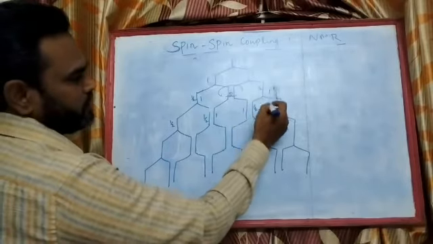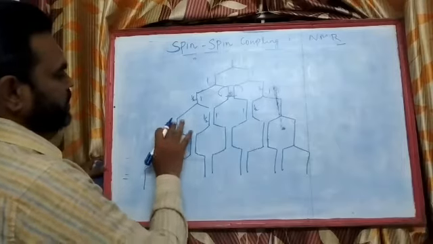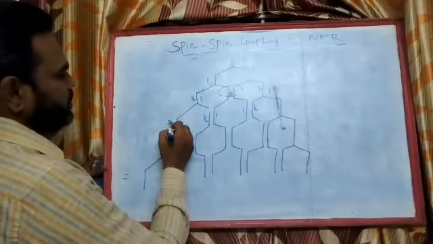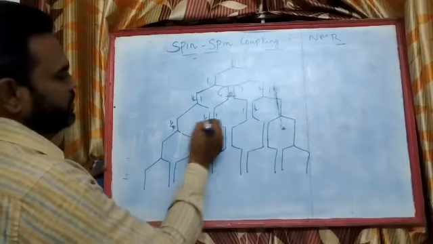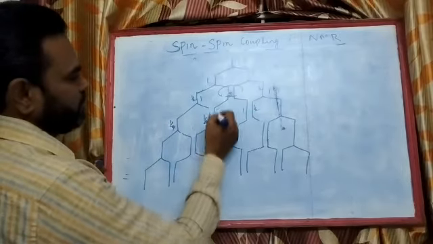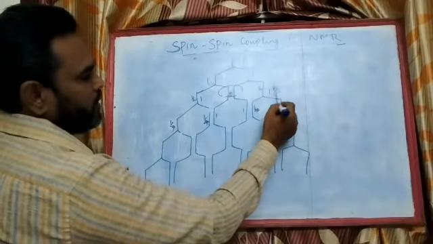Now this becomes half, this becomes half, this becomes 1, and this becomes half. Now 3 by 4, and 1 by 4, 1 by 4, 1 by 4 becomes 1 by 4.